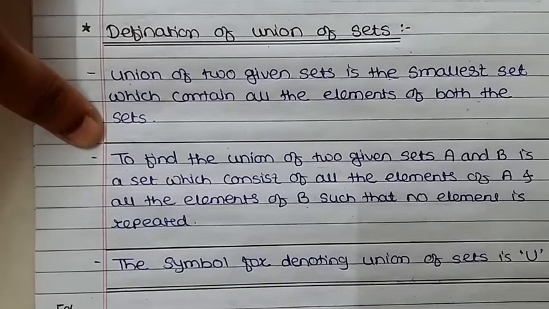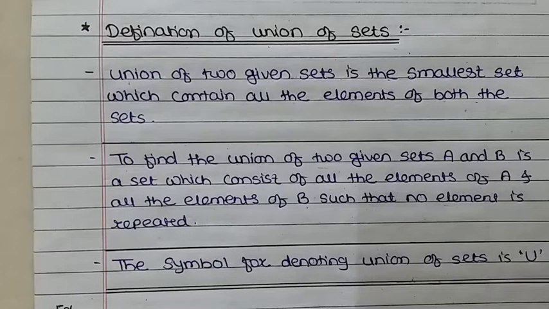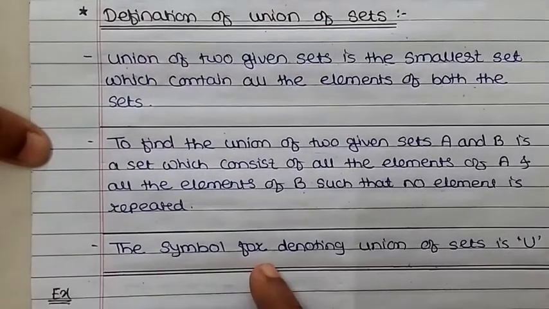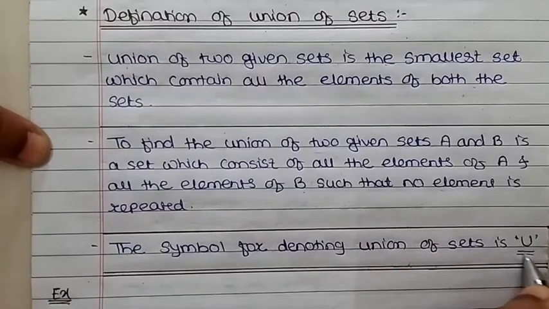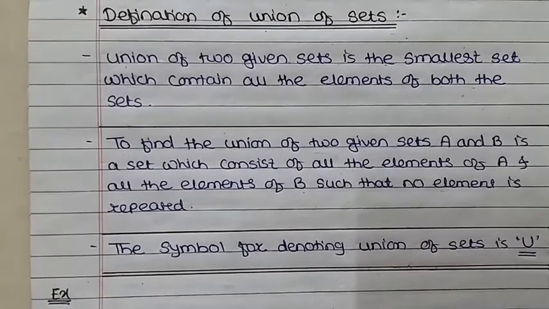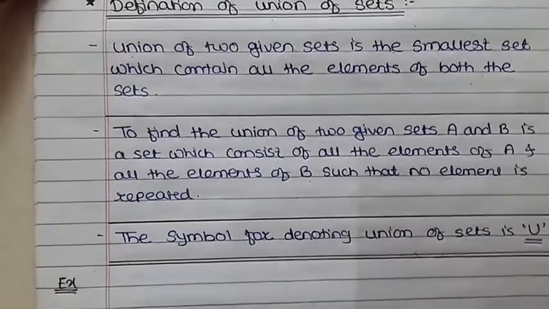We discussed this in earlier lectures. Next thing is, the symbol for denoting union of sets is this one. This is the symbol of union of sets. Clear? Now we will understand how to calculate the union of sets with the help of an example.